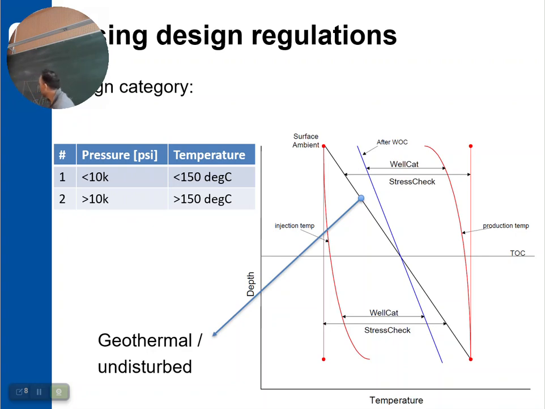Why? Because casing always, more or less, is hung off in the top, and not only hung off, we saw that it's locked. It's not allowed to come up. Regardless of what forces and whatever you do, it's locked into the wellhead. And in addition, cemented in the bottom. It means that it's stuck in both ends, which means that if you heat it up, the natural expansion of the steel is going to be manifested as a stress.